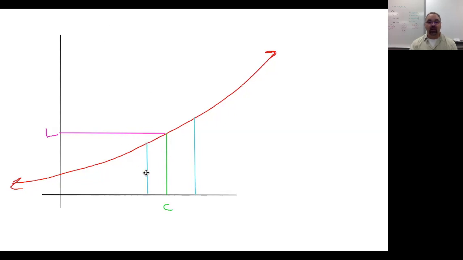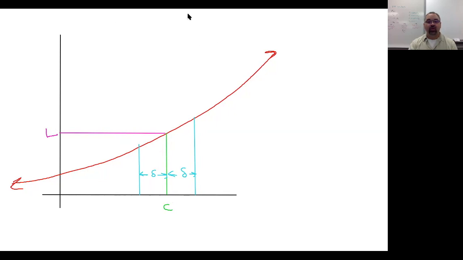Obviously, that's not wide enough, so we're going to go over a little bit. So you can see that this is delta units above, and this is delta units below. Then what that does is it defines an interval around L.